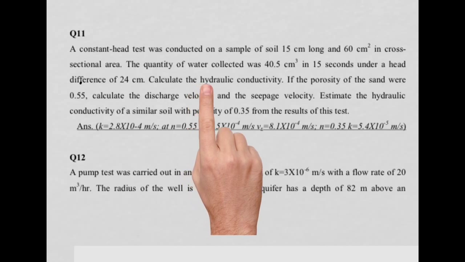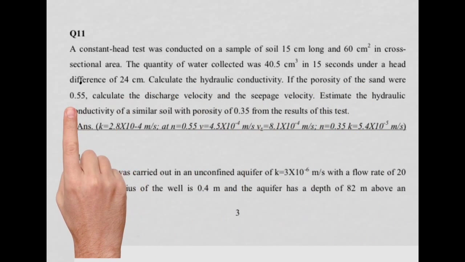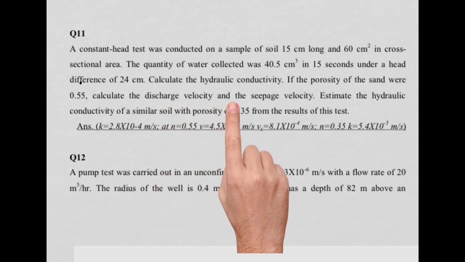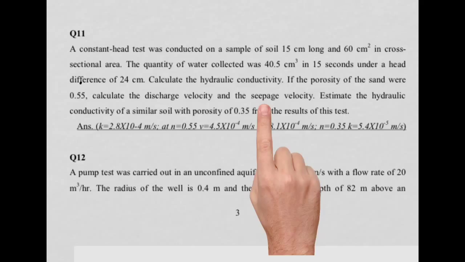Now he asked me if the porosity of the sand was this value, calculate the discharge velocity and seepage velocity. Simple. Because we know that the velocity is equal to hydraulic conductivity times i. This velocity is the discharge velocity. I know already what the hydraulic conductivity is.